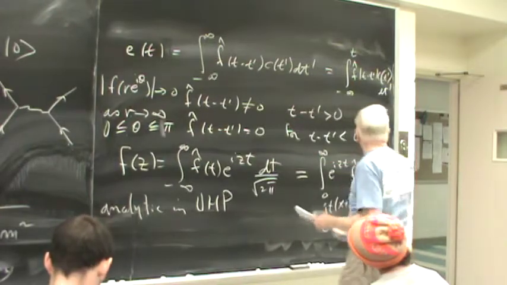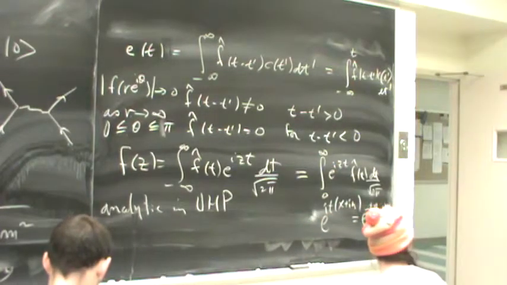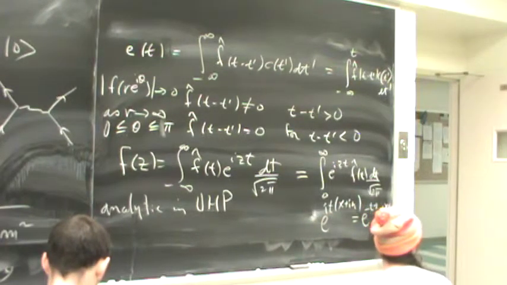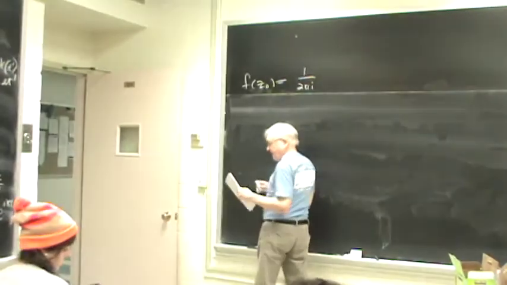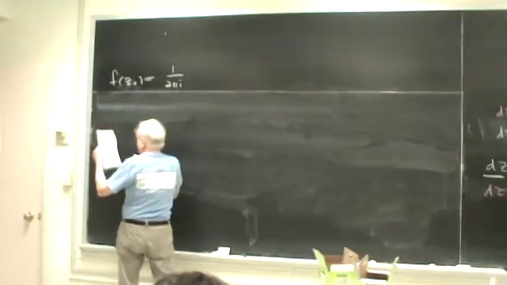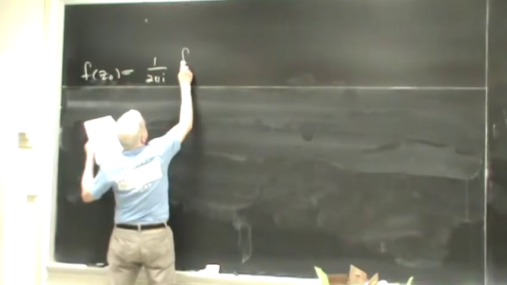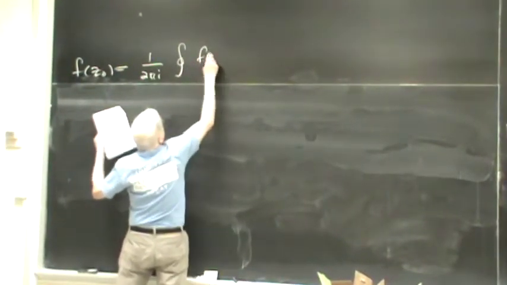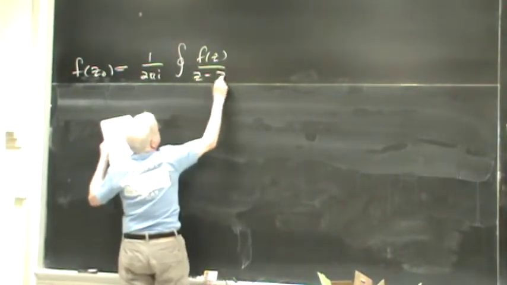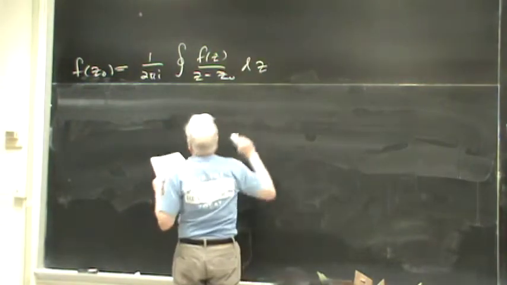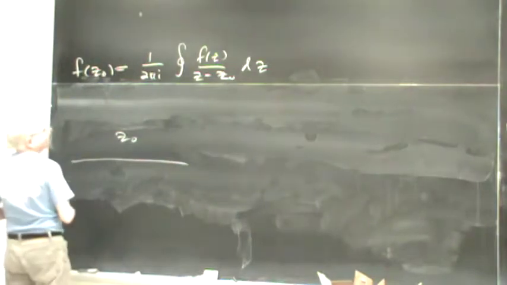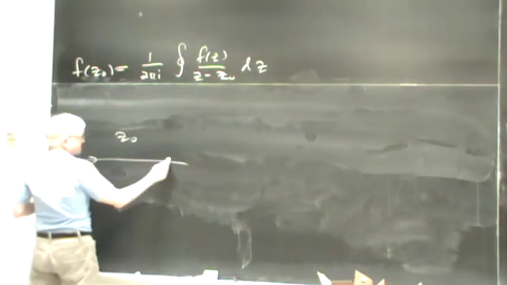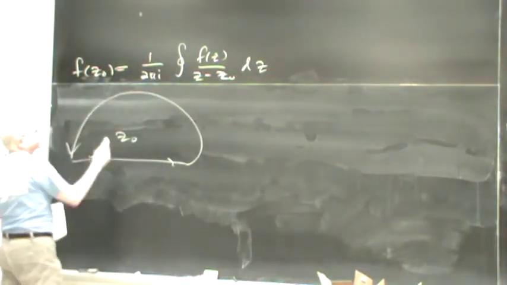In that case, then, we can write f of z0 just by using Cauchy's formula. We have analyticity then in the upper half plane, and we can write this as an integral f of z over z minus z0 dz, where z0 is some point in the upper half plane, and we go, say, along the real axis, and then like this.